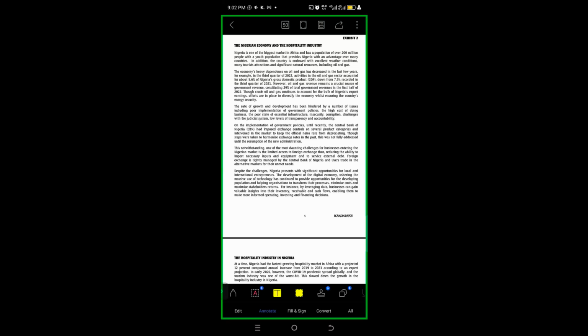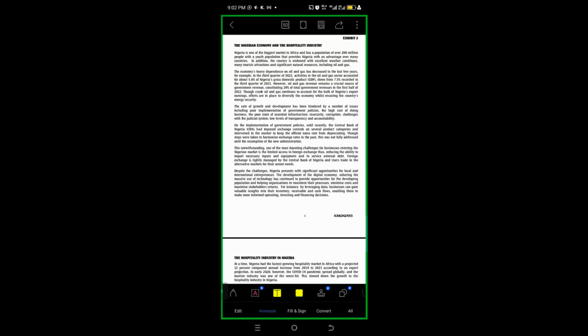And if it affects the hospitality industry, it will also affect your client. Invariably, whatever happens to the Nigerian economy will affect the hospitality industry and will affect your client.